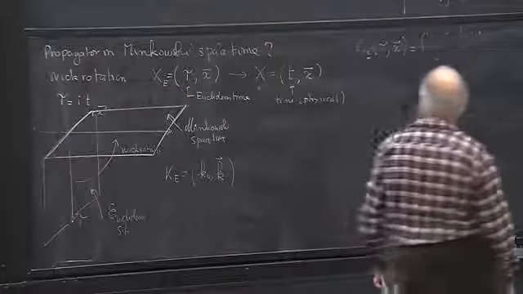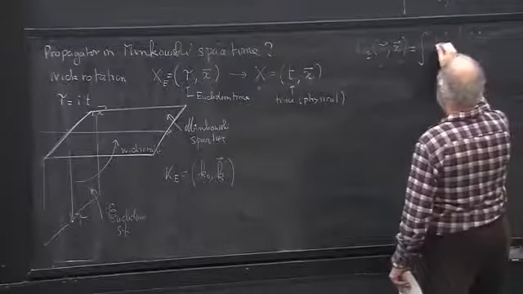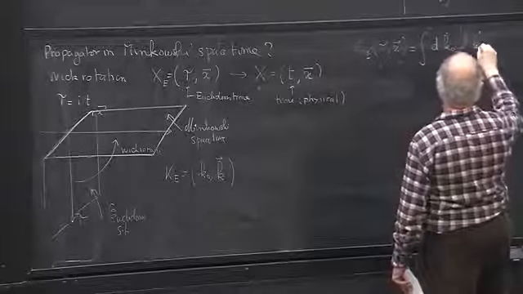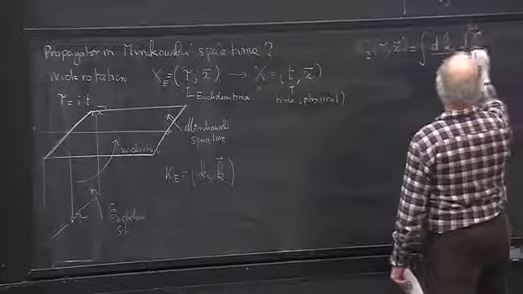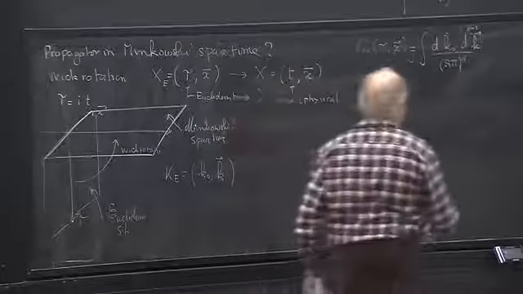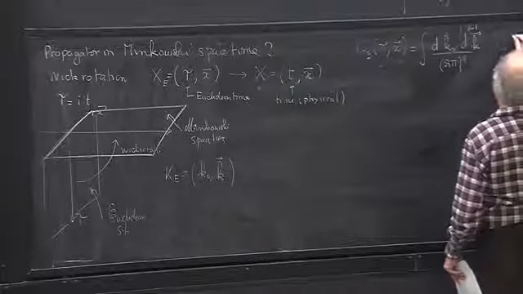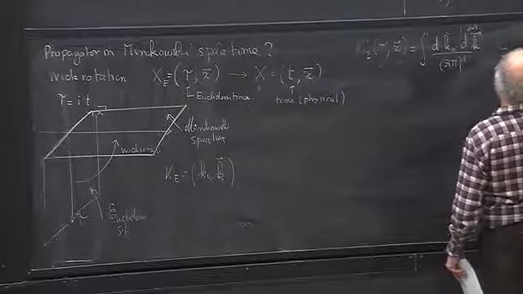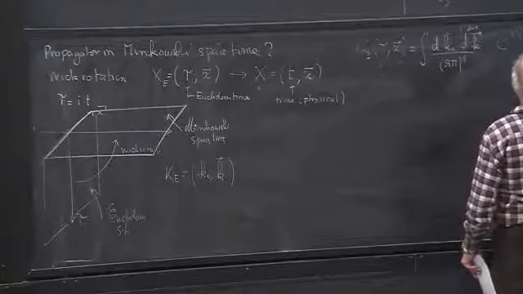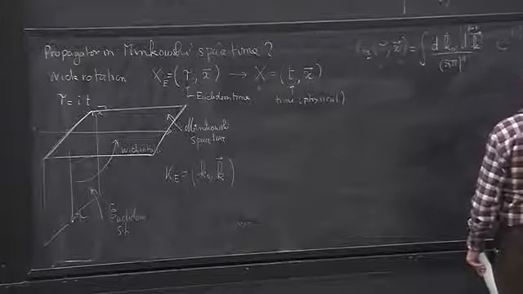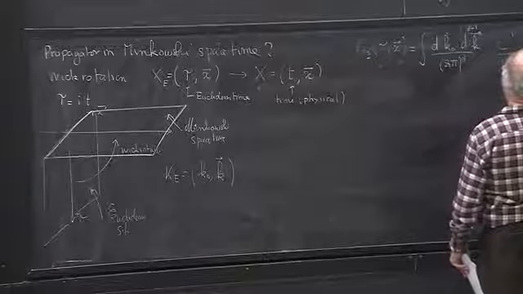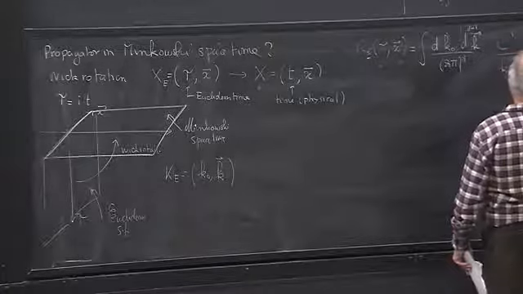So G of tau, x is the integral of dk0 d^(d-1)k divided by (2 pi)^d, and then I get the exponential of I times (k0 tau plus k times x), divided by k0 squared plus k squared plus m squared.